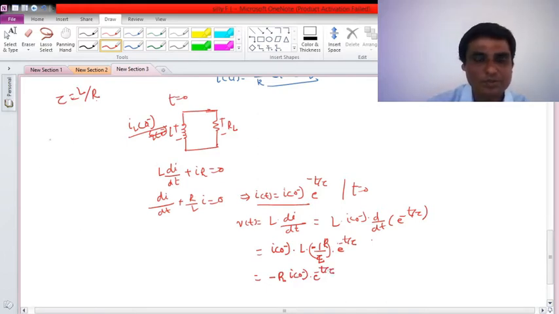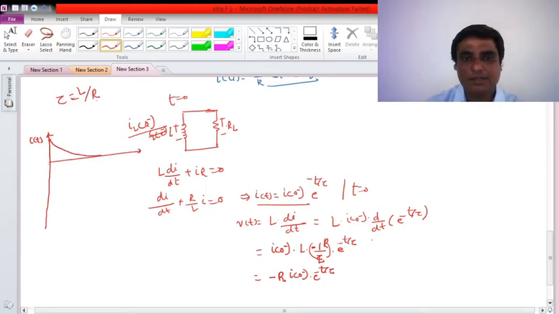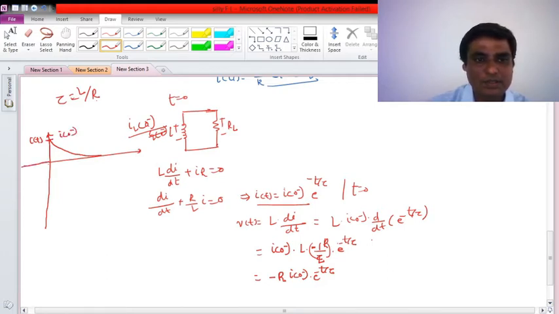If I would like to draw the behavior of current and voltage, this is for my current. Current will exponentially decay if the inductor is connected across the load. And this initial value was I of 0 negative, I don't know how it has been charged; initially it has been given.